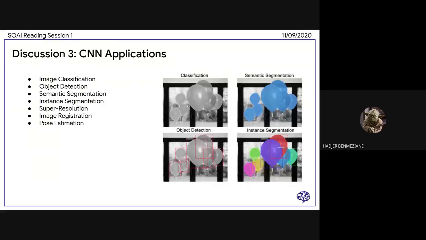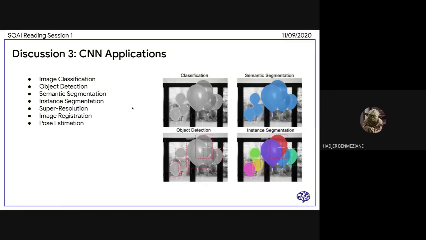And then we have instance segmentation, where each individual balloon is an instance, separate from the other one. So here we have multiple colors. It can be persons. We want to detect all the persons in the image, and these are unique individuals, so we do instance segmentation rather than semantic segmentation.